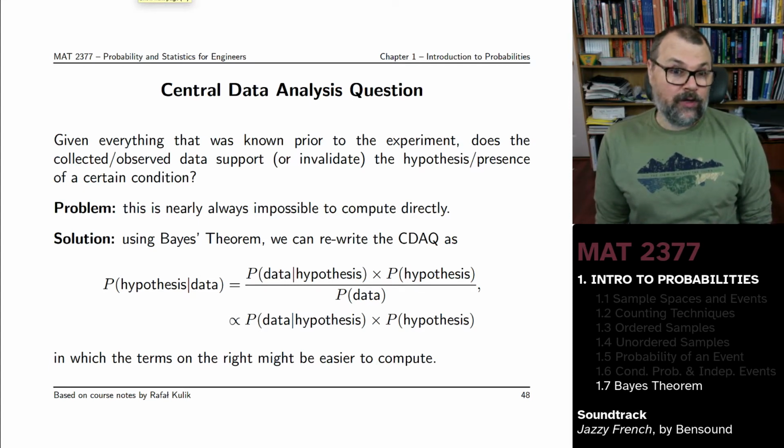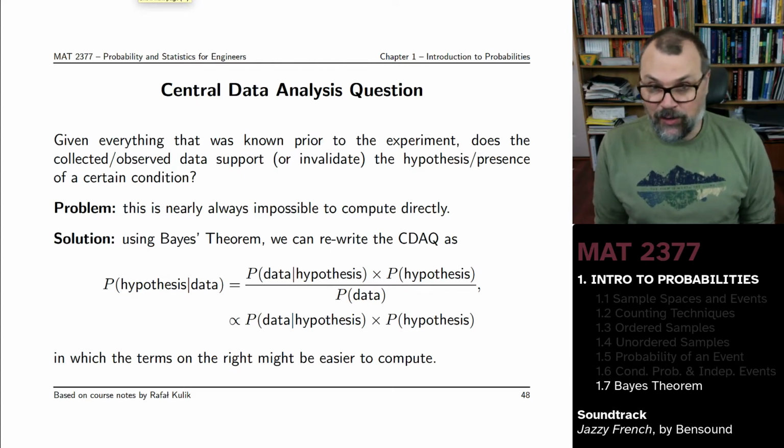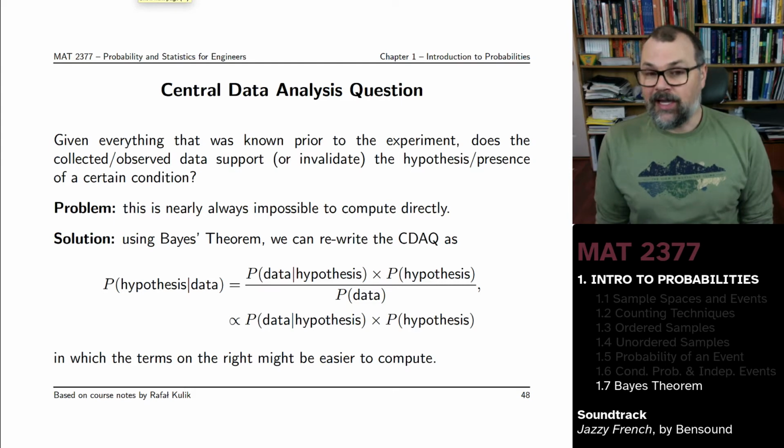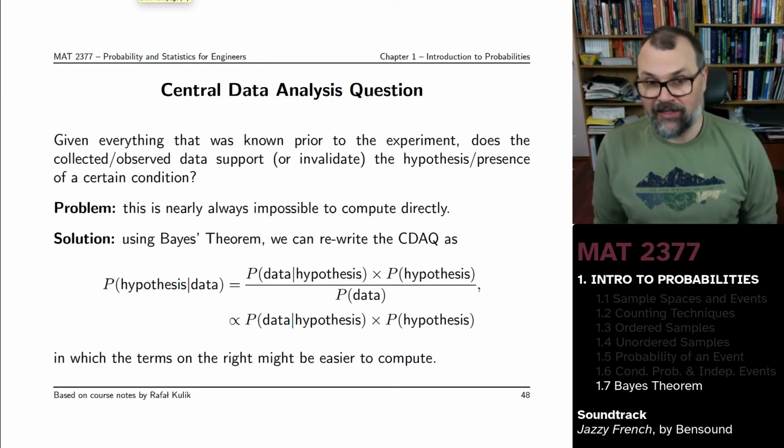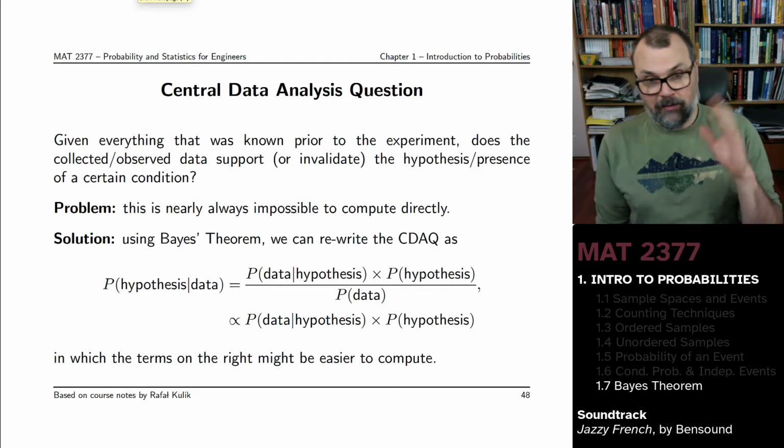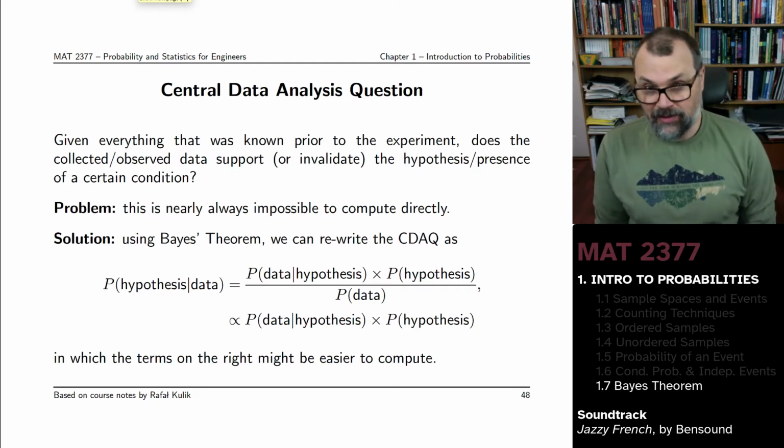So when you want to compute the probability that the hypothesis is true given the data that you've observed, instead you might compute the probability that you would observe the data if the hypothesis was true, and you multiply that by the probability that the hypothesis is true, divided by the probability of observing the data, independently of whether the hypothesis is true or not.